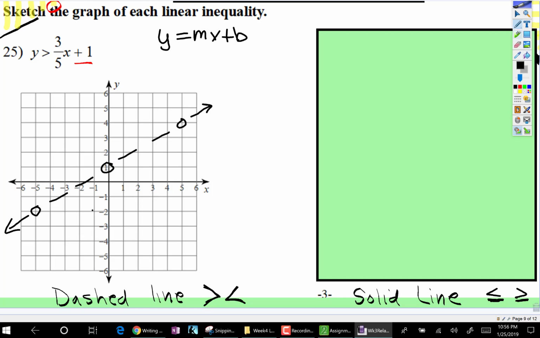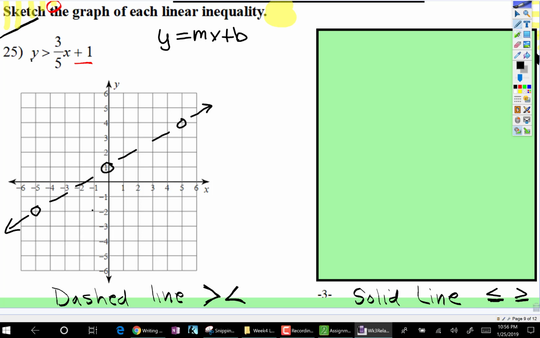But this is the really important part, because whenever you have a linear inequality, you have to remember to shade. And this says y is greater than that. And I'll show you a different method later where you pick a couple of points. I'm going to show you kind of a quick visual way.